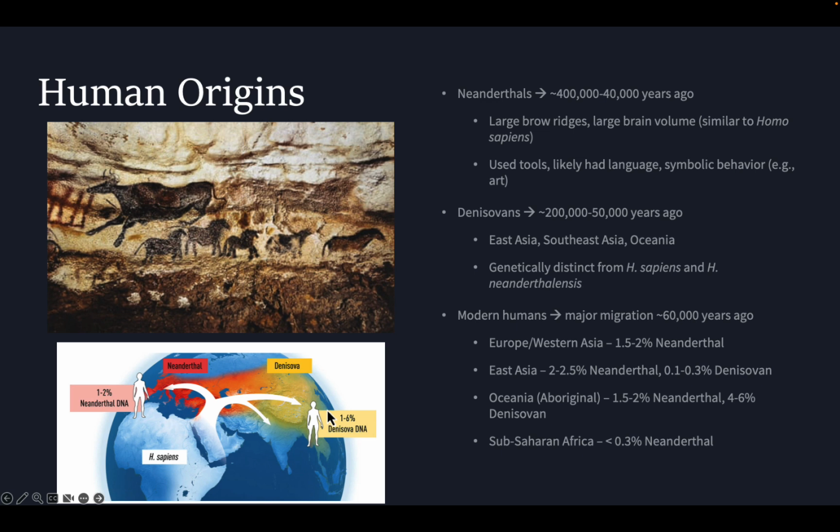And then when we really think about all of this interbreeding that was going on, when you look at individuals of sub-Saharan African descent, they have little to no Neanderthal DNA. And to me, that's really interesting.